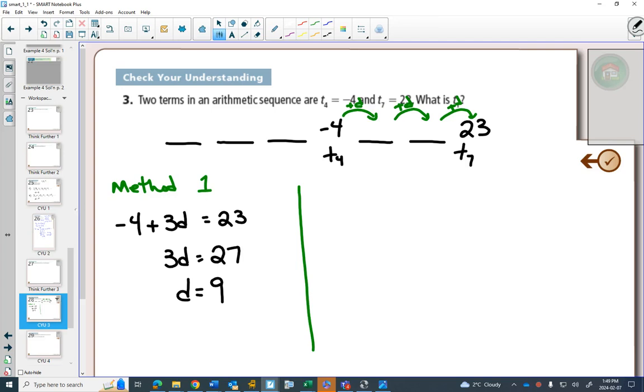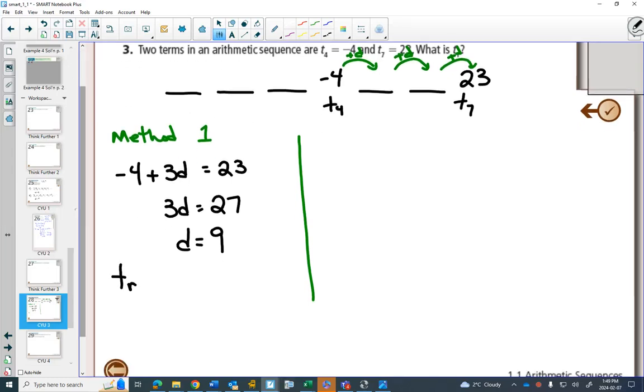Once I have d is equal to 9, I could either subtract 9 3 times until I get back to my first answer, or now I might actually want to use my formula. So going to my formula sheet, I'll just write it out. There are some things we could plug in. I could plug in 9 for d.